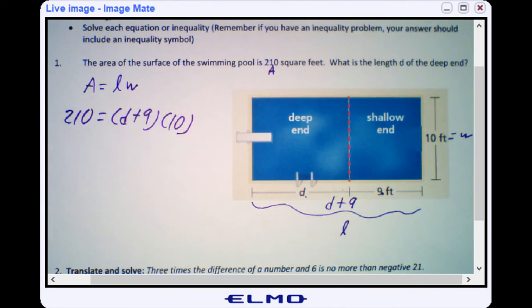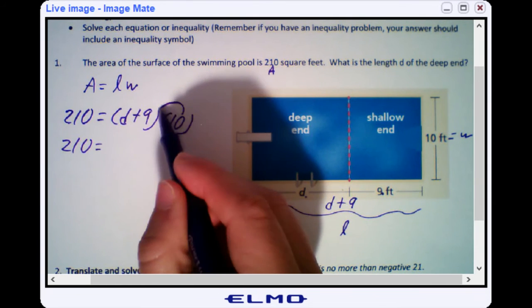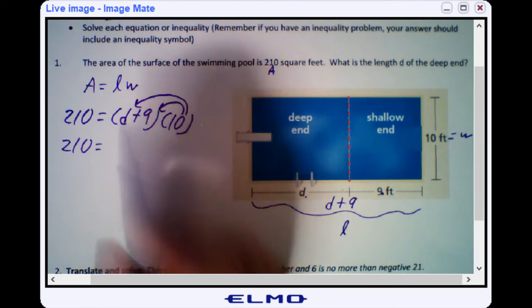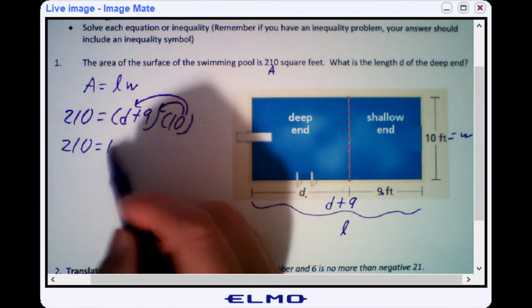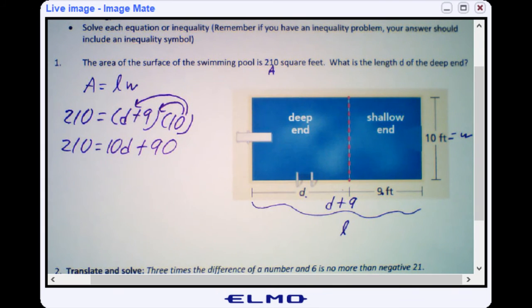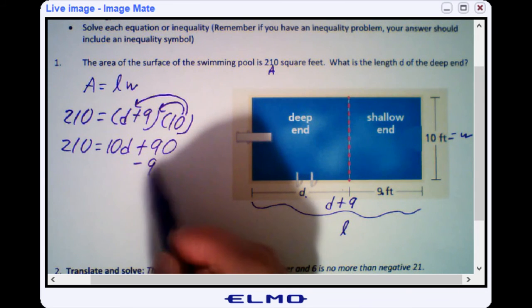I'm going to start by distributing. So I'm going to get 210 equals, and even though we don't often see it like this, multiplication is commutative, so we are allowed to do it this way. 10 times d is 10d plus 90. This is a two-step equation now. There's nothing else to clean up, so I'm going to solve. I'm going to subtract 90 from both sides.